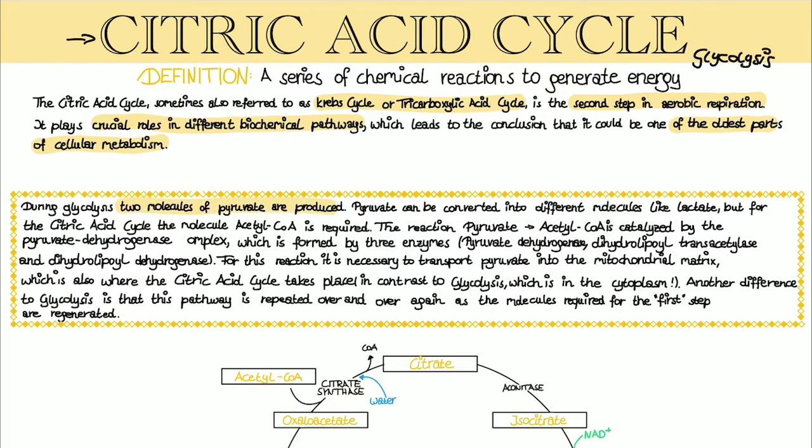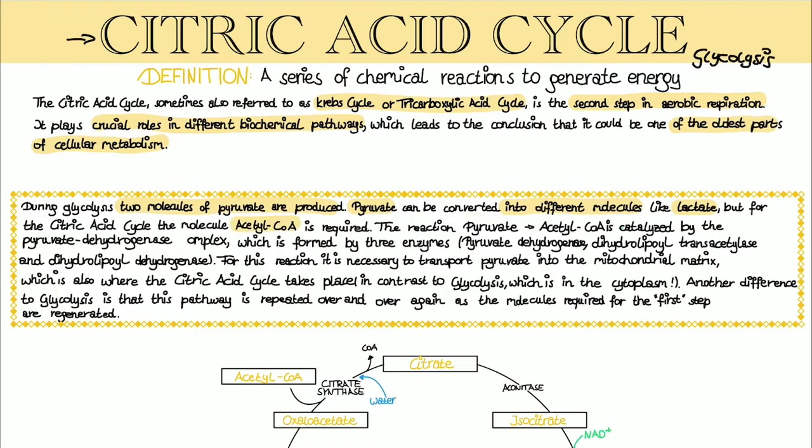So these pyruvates can be converted into various molecules. Among them is lactate, which is quite famous. The other one, and the relevant one for the citric acid cycle, is the Acetyl-CoA.